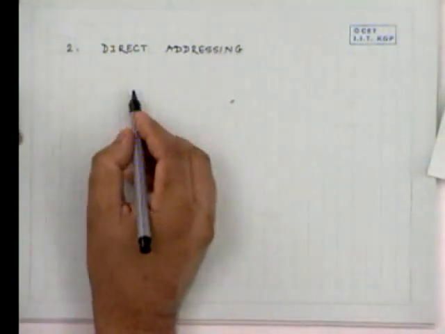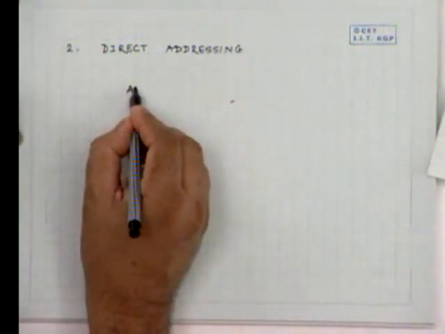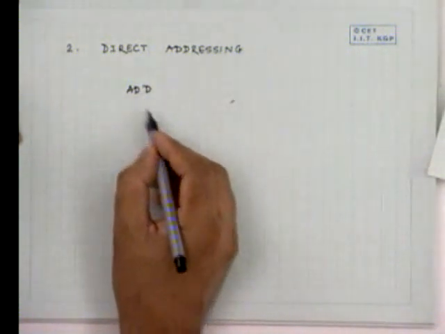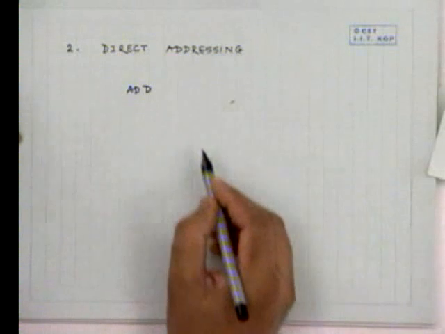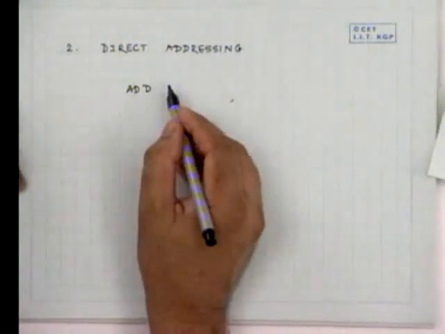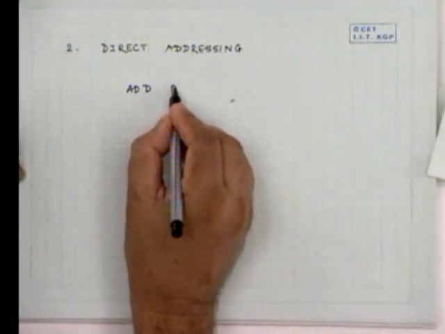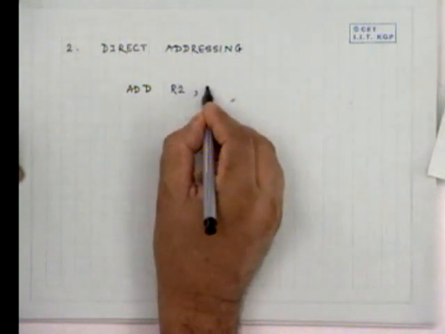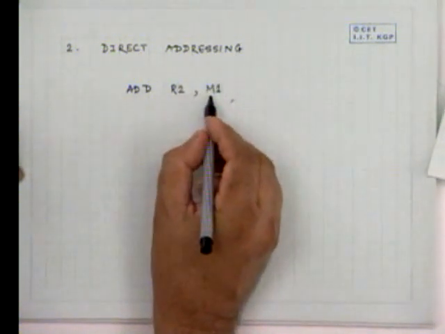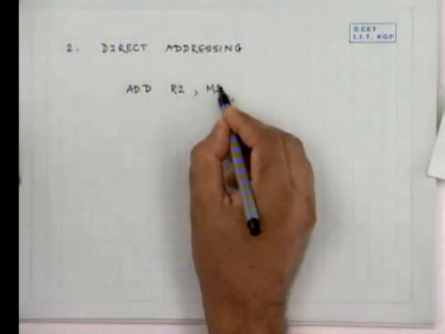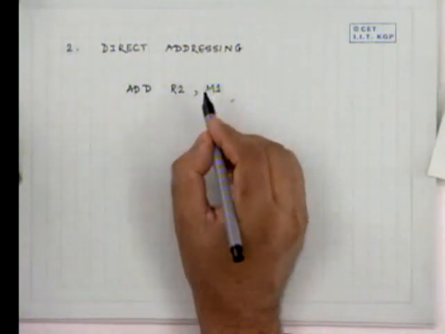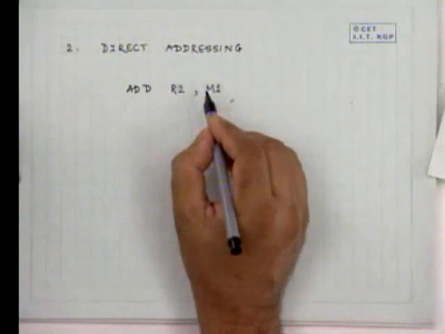Say, for example, we can have an example. Once more, almost all the examples I will be giving assuming that it's a two address machine. For example, if I say add R2, M1, this M1 is the direct addressing. That means it is giving the location of the memory, where the content of which is the operand.